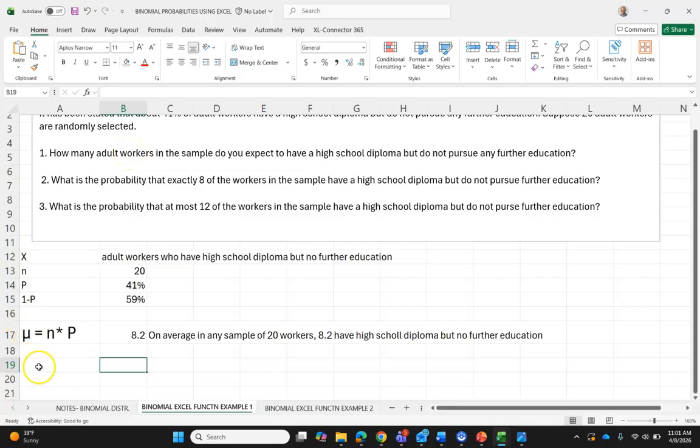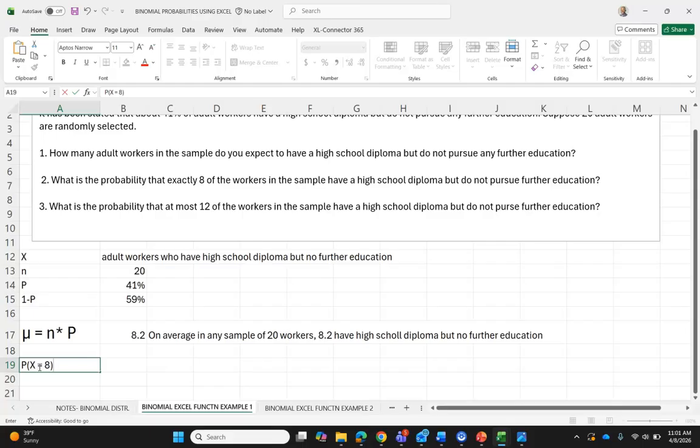Now let's look at the second question. It says, what is the probability that exactly 8 of the workers in this sample have a high school diploma but do not pursue further education? So we are looking at the probability of X such that X equals 8, exactly 8.